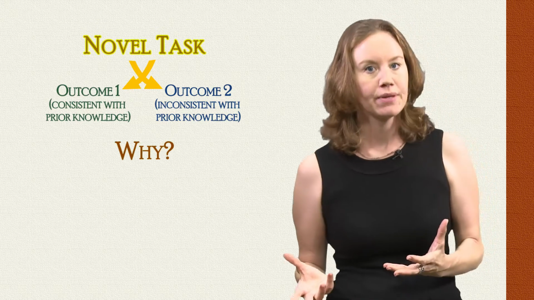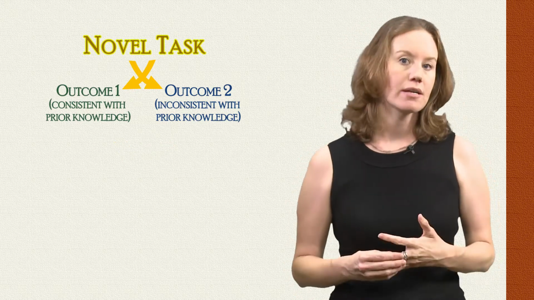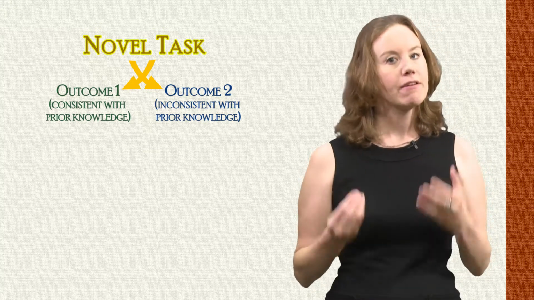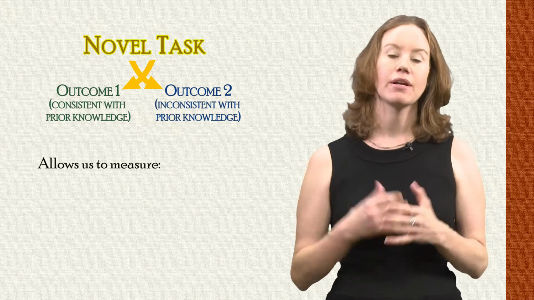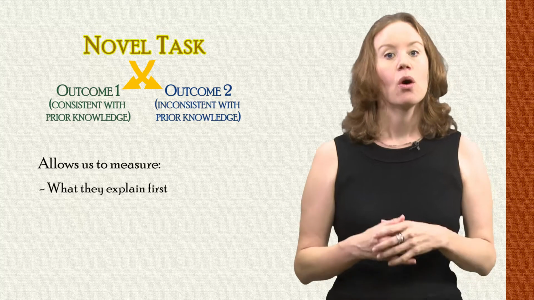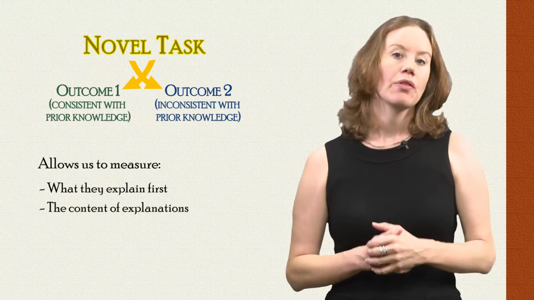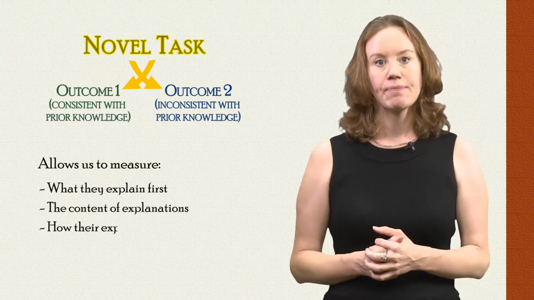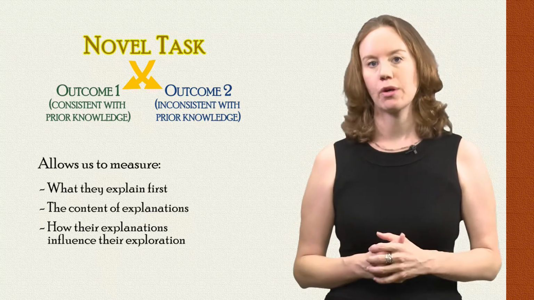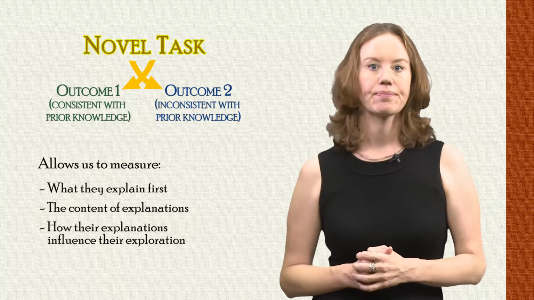Why did that happen? To do this, we use a novel task with novel causal properties and categories. Now, the benefit of this design is that we have a number of different measures of children's explanation. We can measure what they explain first, the content of their explanations, and how their explanations influence the kinds of exploratory behaviors that they engage in.